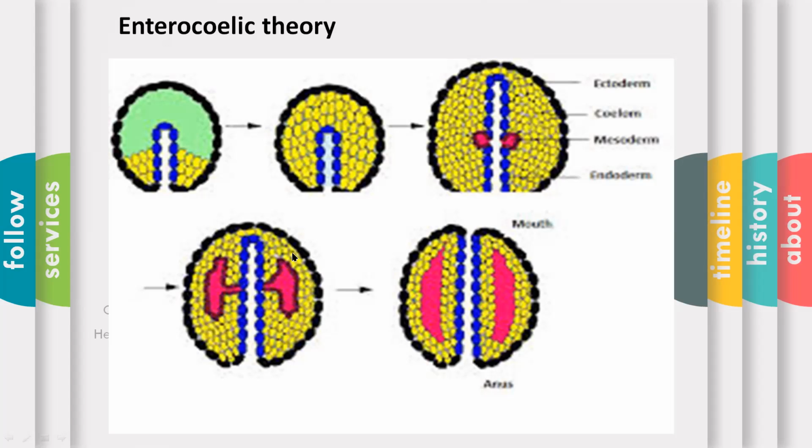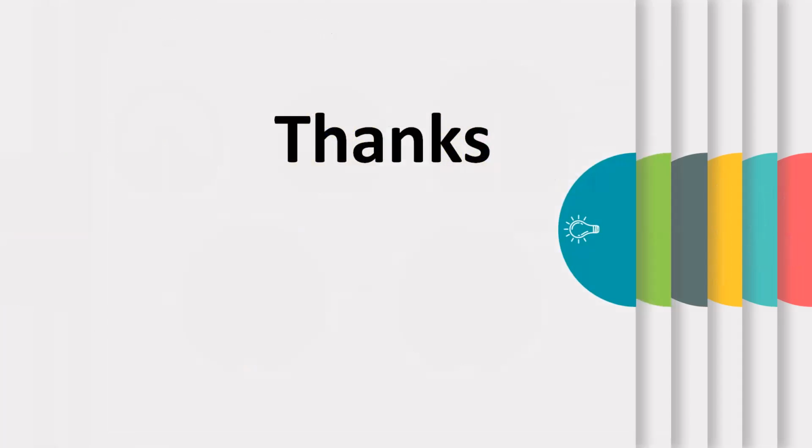Finally, the enteric pouches push the mesoderm and a space is formed in between. This space, which is lined by mesoderm on both sides, is called the enterocoelic coelom. So the coelom is formed by formation of enteric pouches.